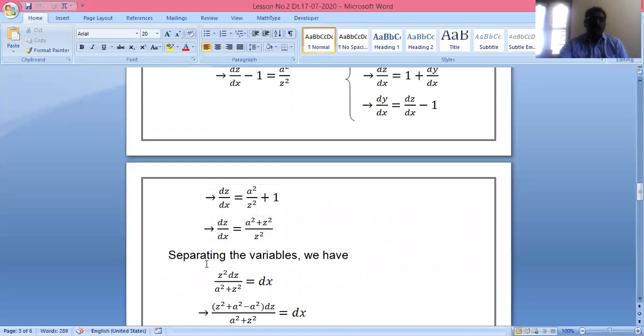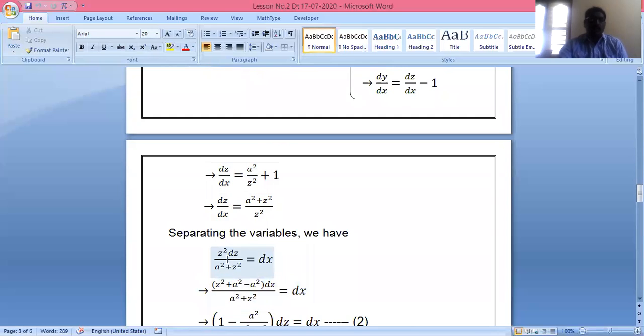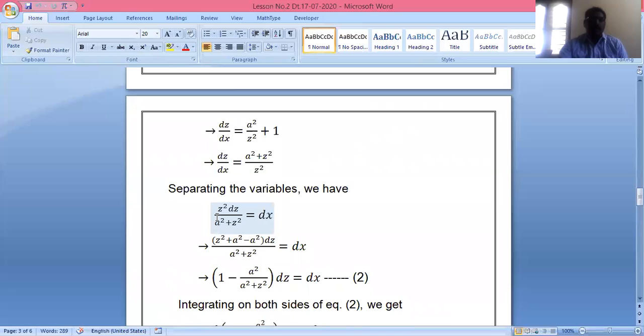Now, separating the variables, we have z² dz/(a² + z²) = dx. By adding a² and subtracting a², we can write (z² + a² − a²) dz/(a² + z²) = dx.